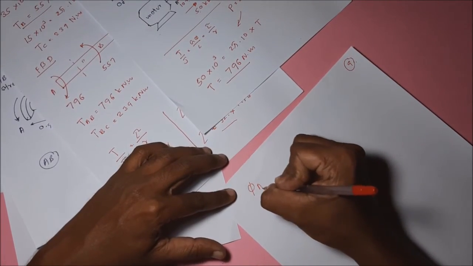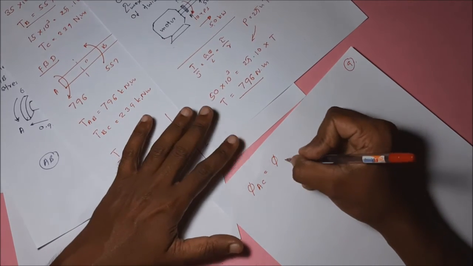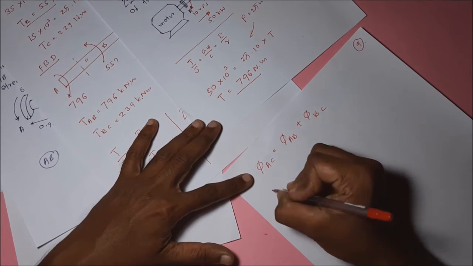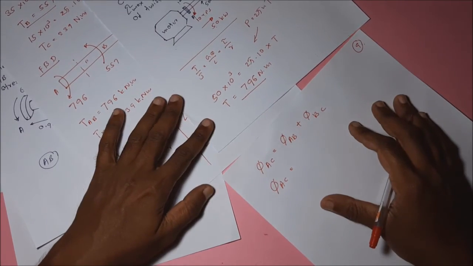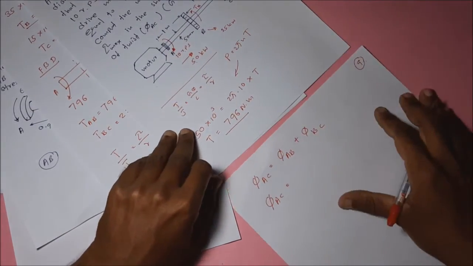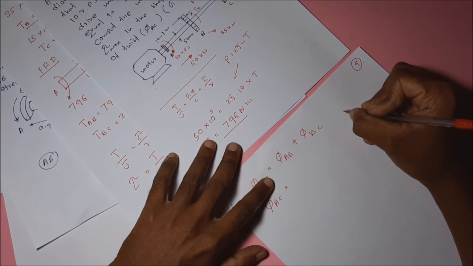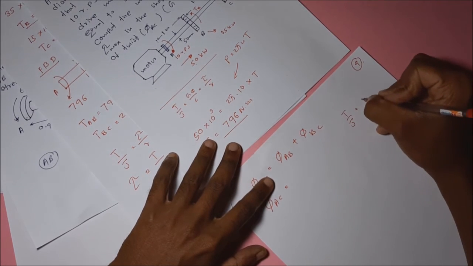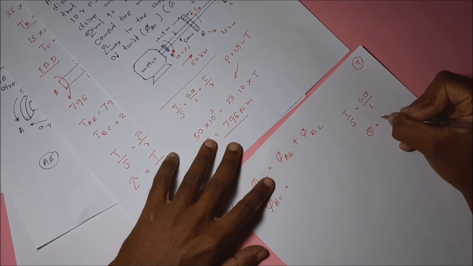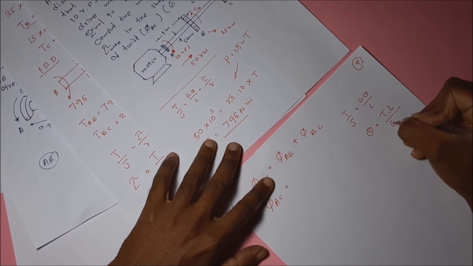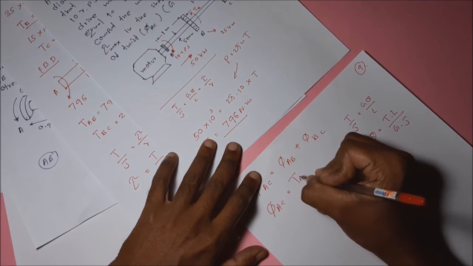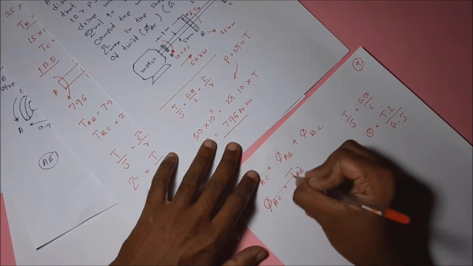The phi AC is equal to phi AB plus phi BC. What is the phi AB? Using the torsion formula, T over J is equal to G theta divided by L. By making theta the subject, theta is T L over G J. Then I will write this in this way.